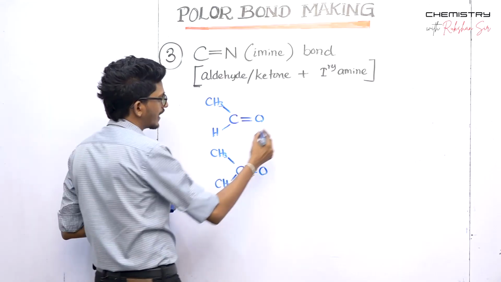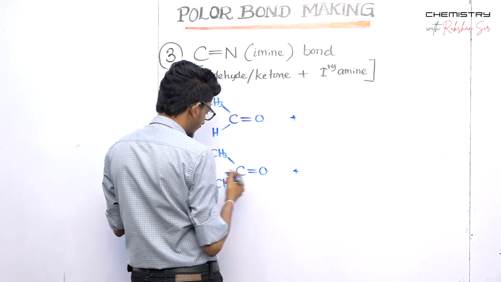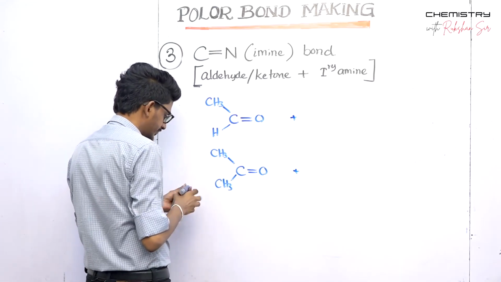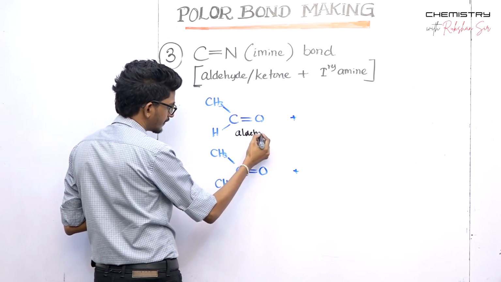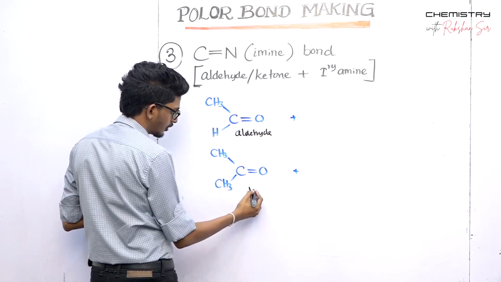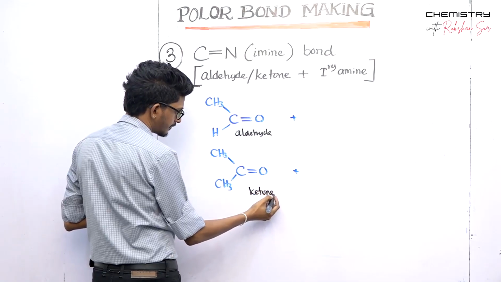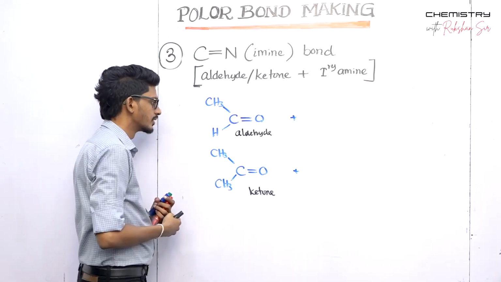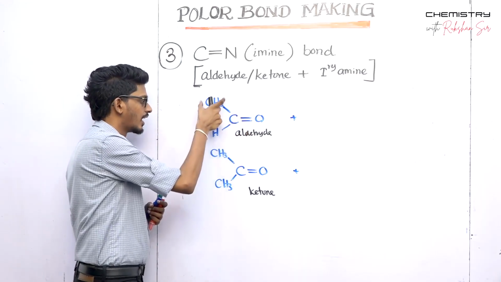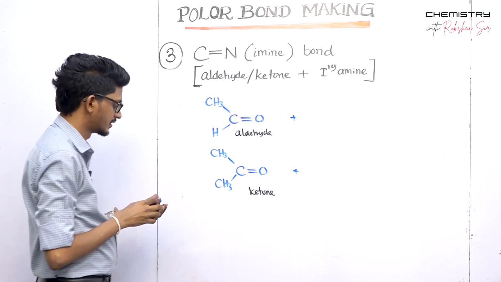If you react these aldehydes or ketones, with the carbon you have two R groups for the ketone. With this carbon, you have an R group and a hydrogen, the aldehyde.